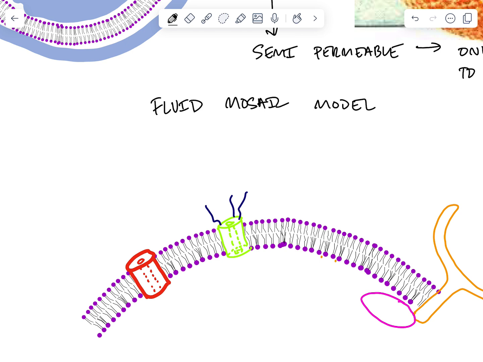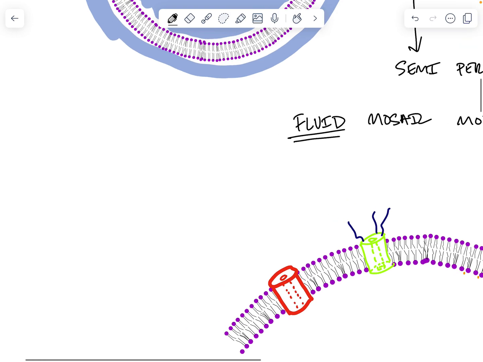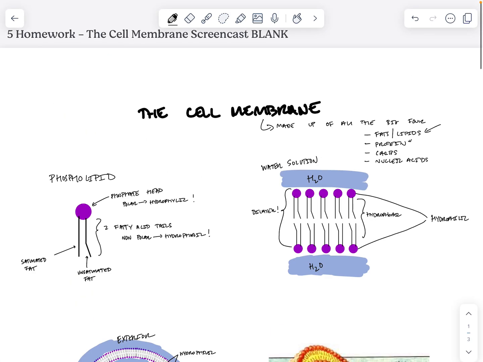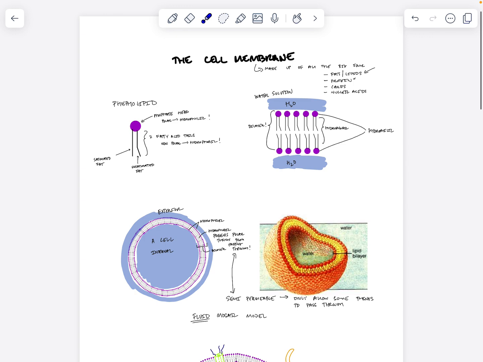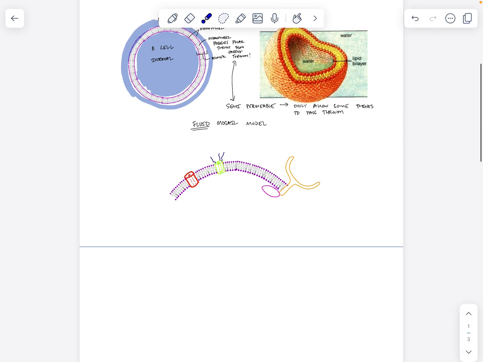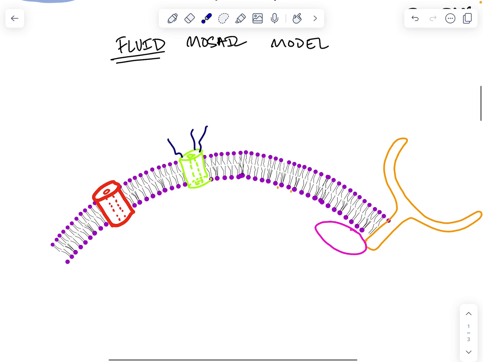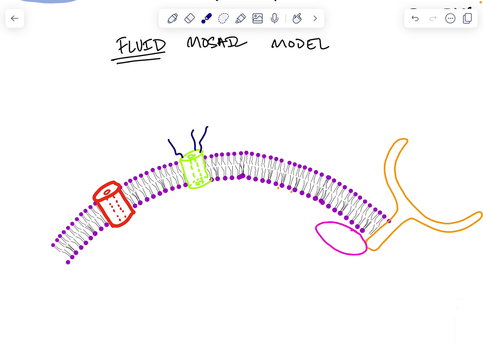Okay, let's first talk about the fluid part. Remember above I said that the cell membrane is composed of one saturated fat and one unsaturated fat, and that helps control the liquidity of the membrane. Well, every component in the cell membrane has free ability to move and diffuse around within the cell membrane.